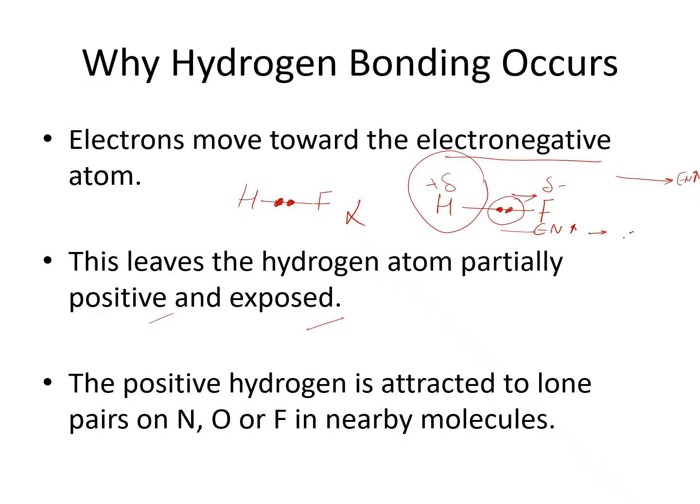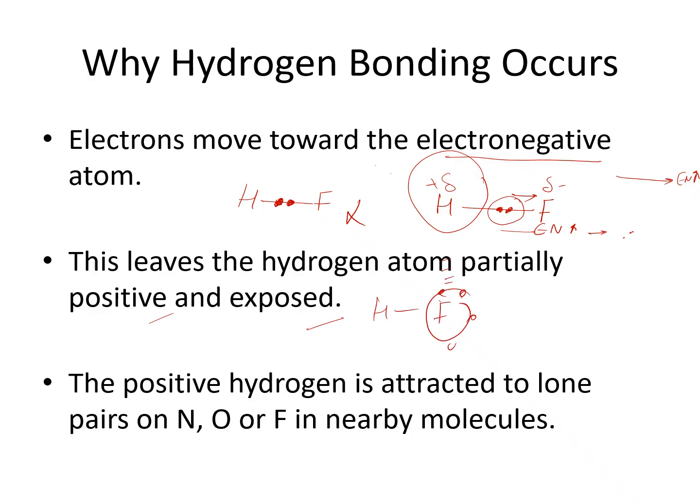Now this is exposed to something that carries electrons. It can be attracted toward electrons if someone brings them. Right. So the positive hydrogen is then attracted to the lone pairs. If you have another HF molecule, this fluorine has lone pairs, right?